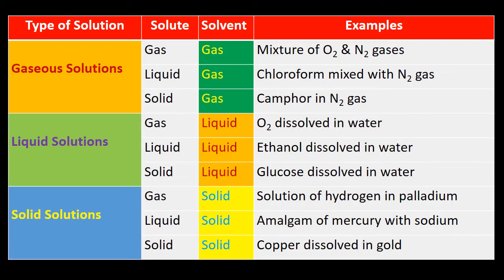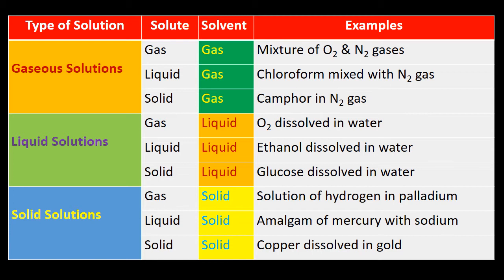Okay, this is a table where you can distinguish between gaseous, liquid and solid solutions. First one is gaseous solutions. Gaseous solutions are the solutions in which solvent is gas and solute may be gas or liquid or solid.